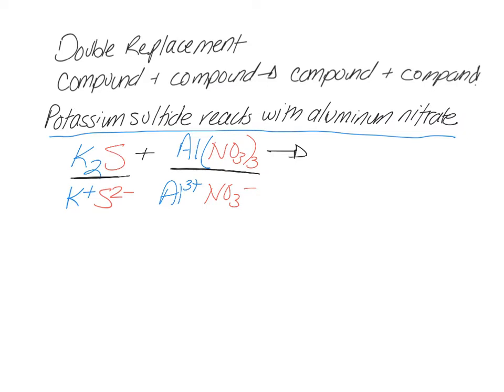So I would always go back to the drawing board and say, okay, potassium is positive, and now it's going to go with nitrate, which is NO3 negative. I would look these things up on the periodic table again just to make sure that that is correct.